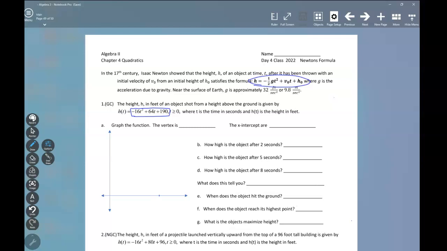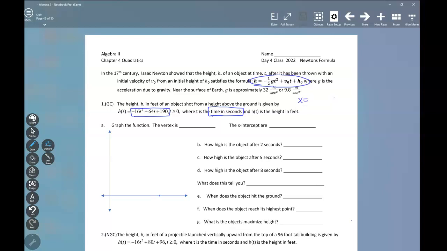So I want you to imagine me throwing a ball. Why can t not be negative? T represents what? You can't go back in time, because t represents seconds. So your x value is what is inside your formula.